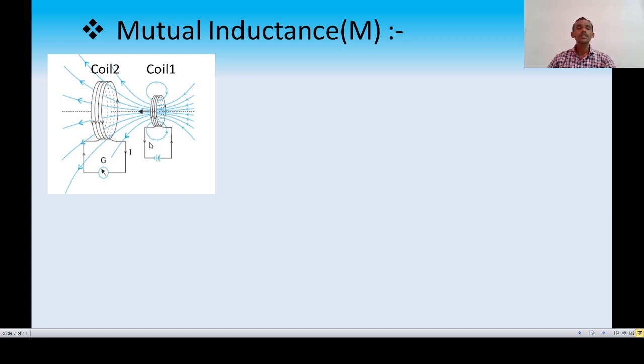Due to the current flowing in this first coil, a magnetic flux or magnetic field will be produced here, and in this magnetic field of coil first, we place the second coil, due to which the magnetic flux linked with the secondary coil goes on changing, and the EMF will be induced in the secondary coil.